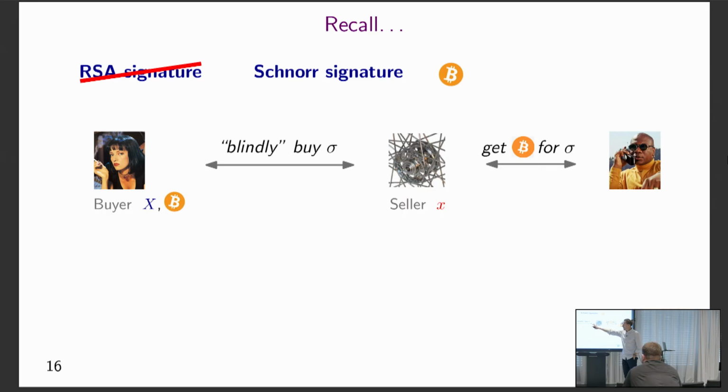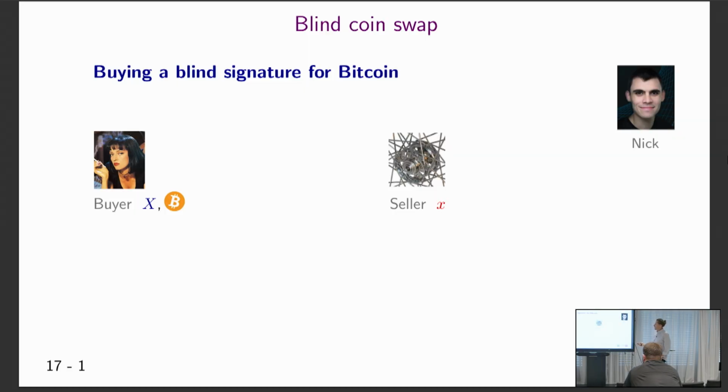But now how can Alice get a blind signature on some message if and only if the hub gets her Bitcoin in exchange? And this goes back to an idea by Jonas Nick from Blockstream for blind coin swaps.